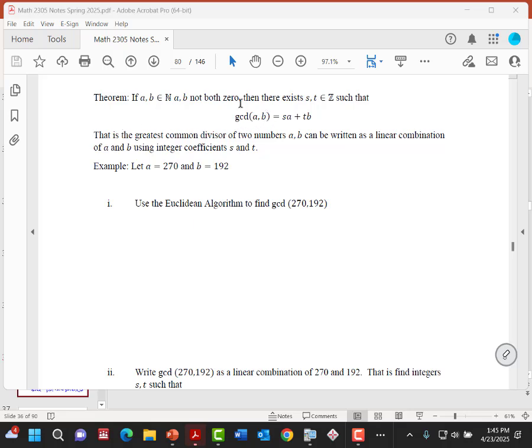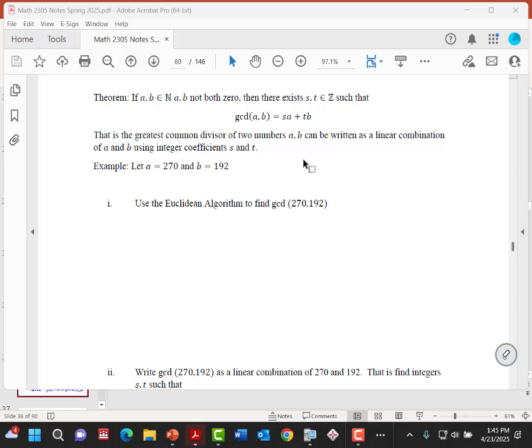In words, this is saying the greatest common divisor of two numbers, A and B, can be written as a linear combination. Okay, linear combination is this SA plus TB. A linear combination using A and B as integer coefficients of S and T.